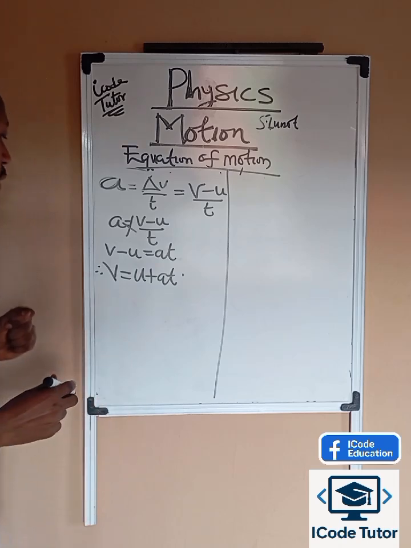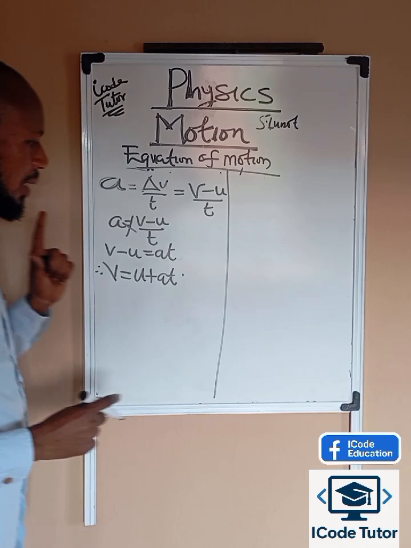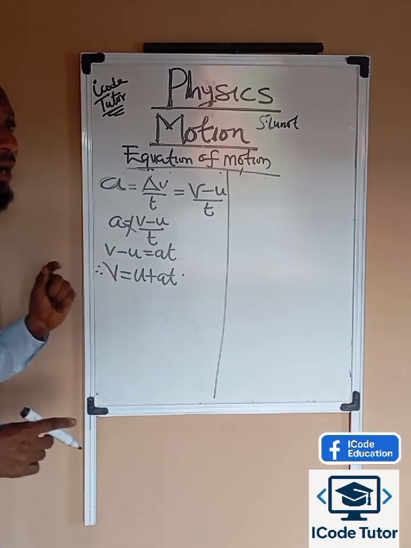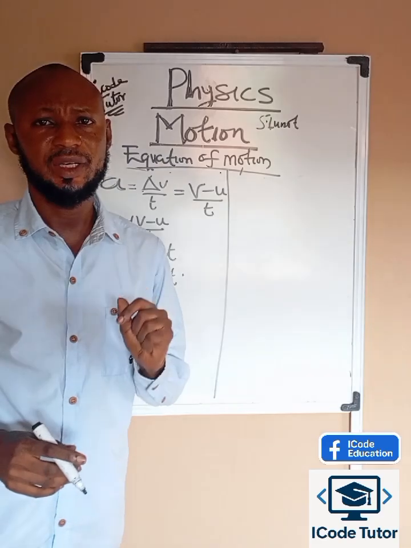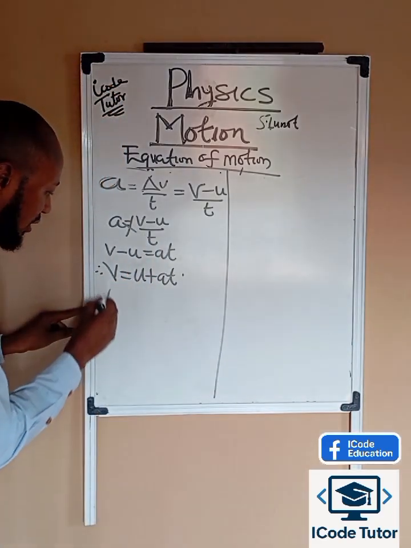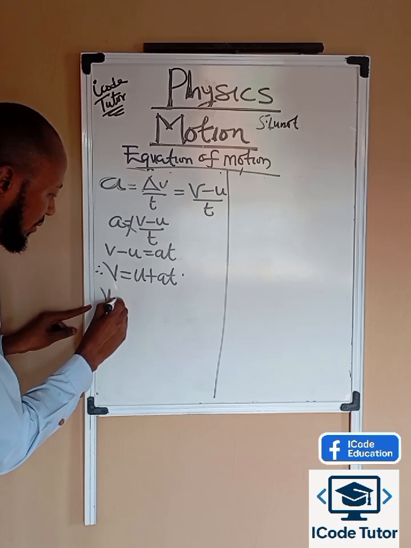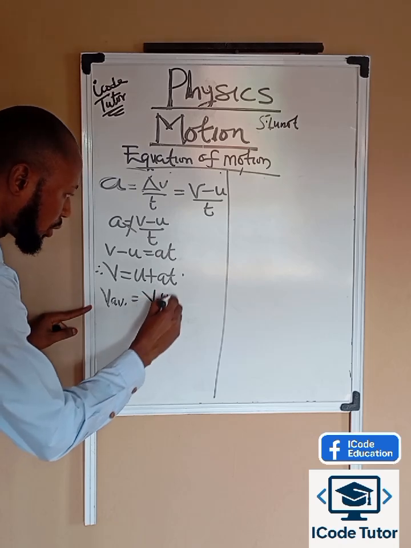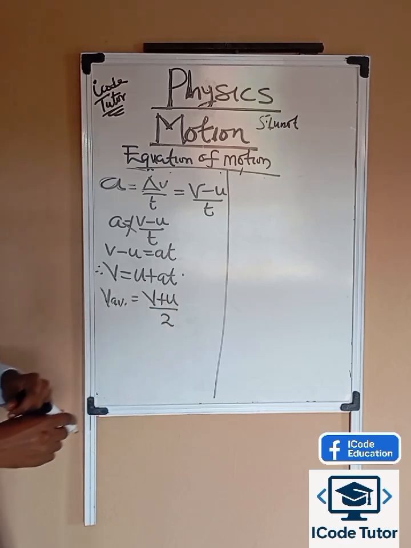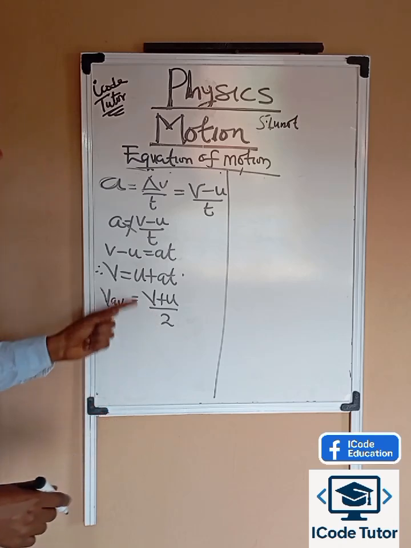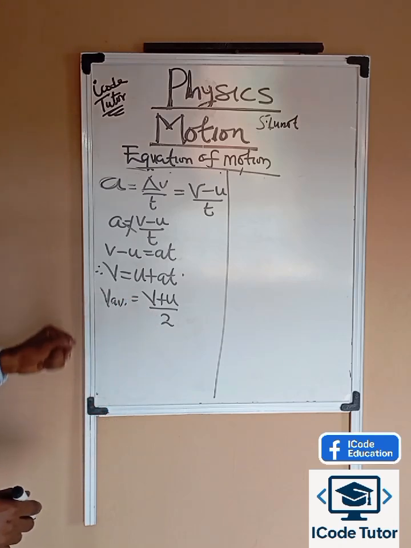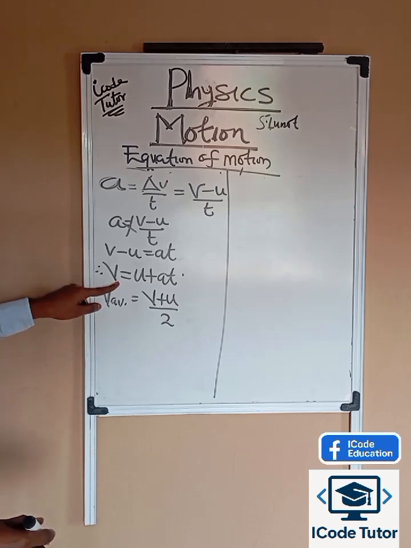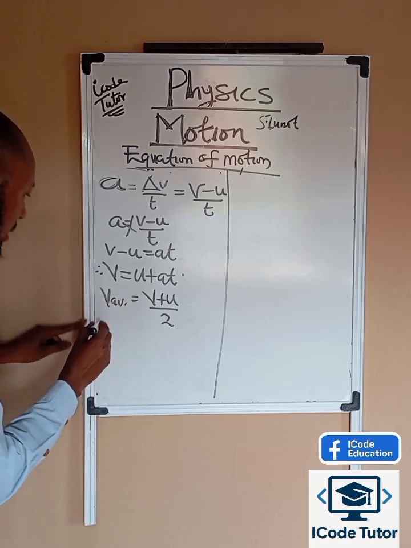Now, the next one is average velocity. Average velocity equals V plus U all over 2. Now, let's substitute the value of V, which is U plus AT, into here.